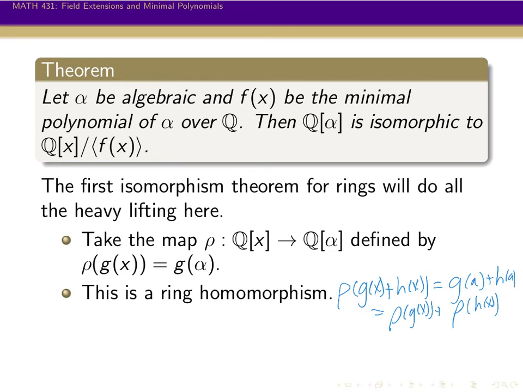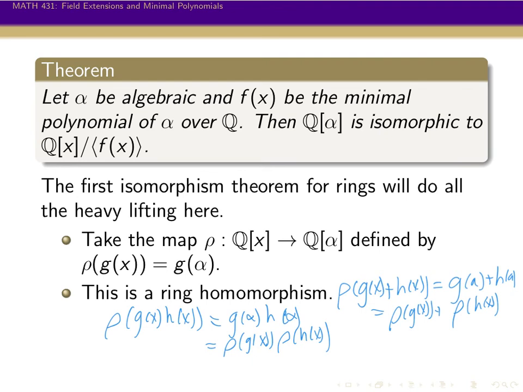Furthermore, if you multiply two things, rho of g of x times h of x, so you get g of alpha times h of alpha, which similarly is equal to rho of g times rho of h. Okay, so we do have an honest to goodness homomorphism here.